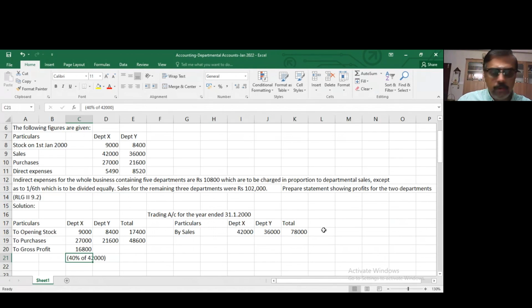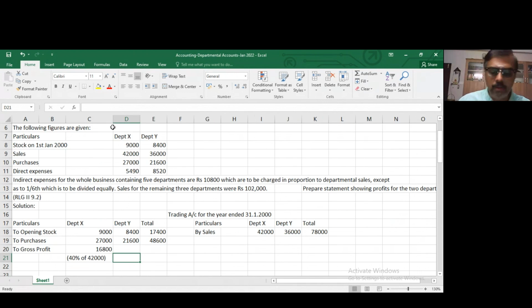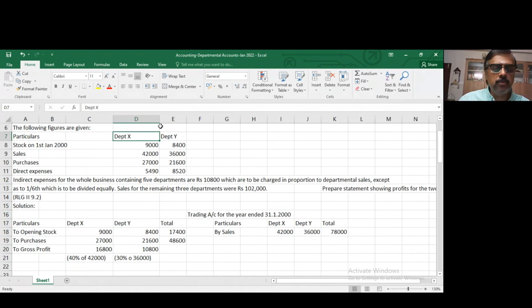Then for Y department, it's going to be 30% of 36,000. That is 10,800.